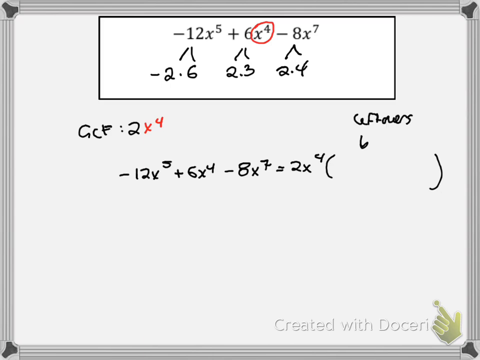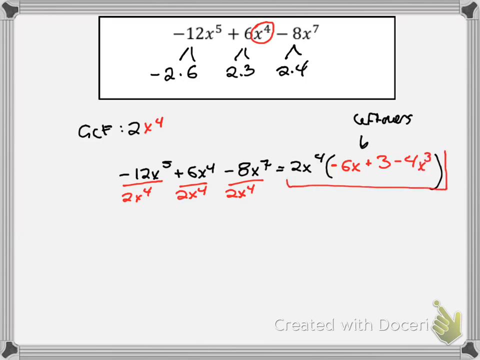Our leftovers come from dividing every term by the GCF and seeing what is left over. So let's see. Negative 12 over 2 is negative 6. X to the 5th over x to the 4th is x. Then we have plus 3 here. And then we have minus 4x to the 3rd.